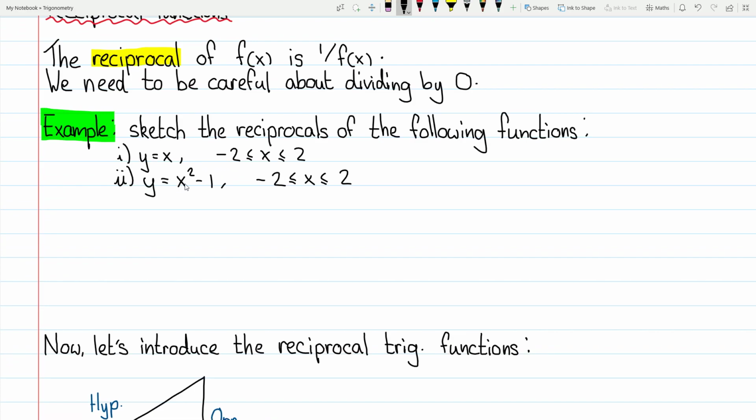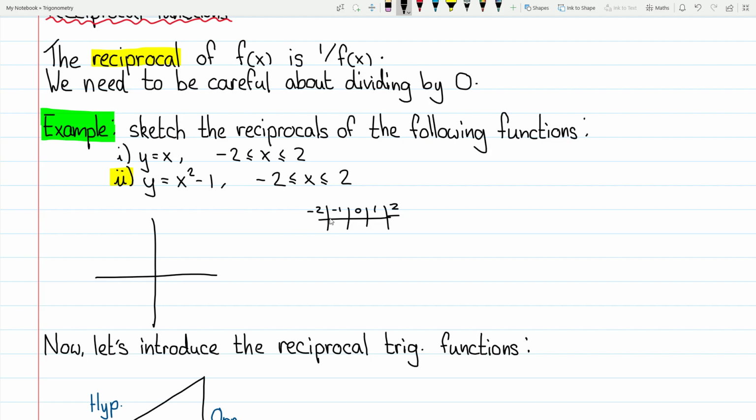So here we're sketching functions. Let's do question 2. We're graphing this between negative 2 and 2. We can take a sample: negative 2, negative 1, 0, 1, 2.